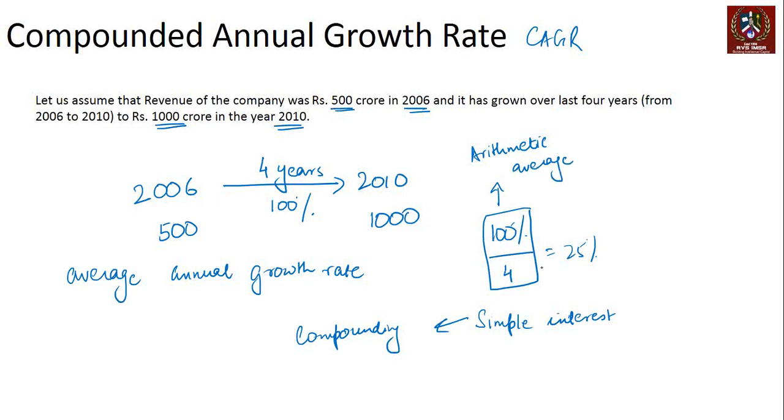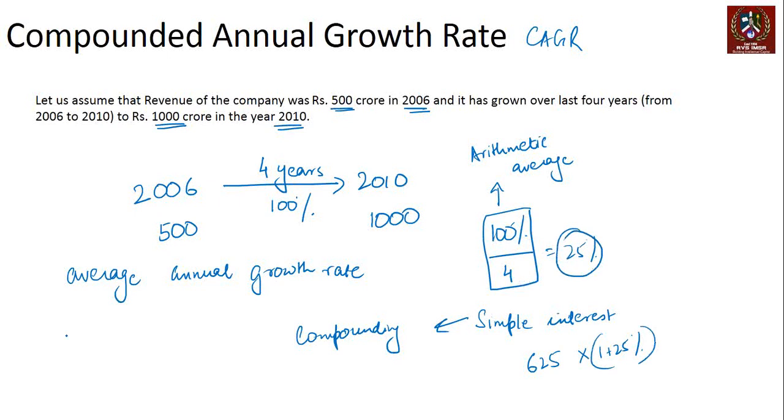Because 500 growing at 25% will become 625 in the next year. But then next year the growth would be on this 625, into 1 plus 25%, which creates a problem. So this is incorrect when we are calculating returns.